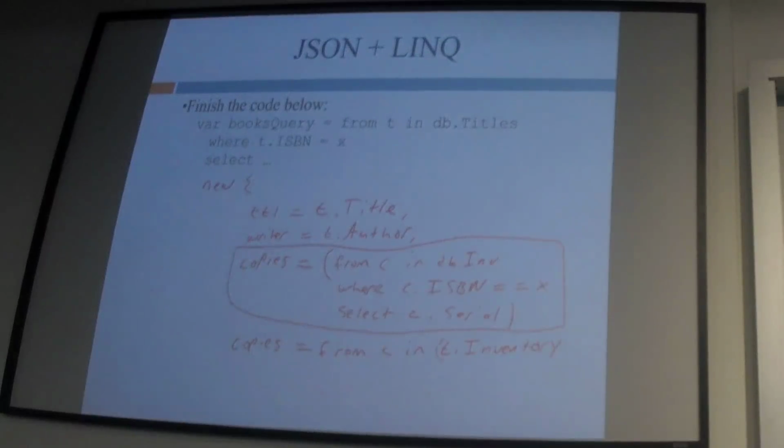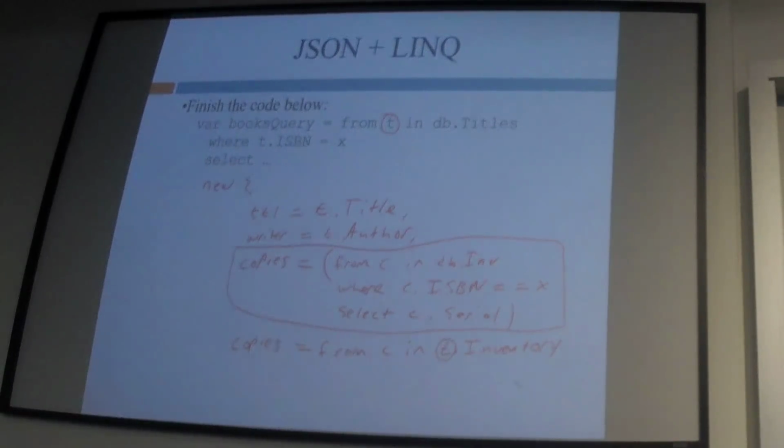So t is this titles thing. Every title has a linkage to the inventory table, and it's going to be a set of inventory items. When the table scaffold, is the default name for that variable just going to be the name of the other table? Yes, the default name for that variable is the name of the other table.